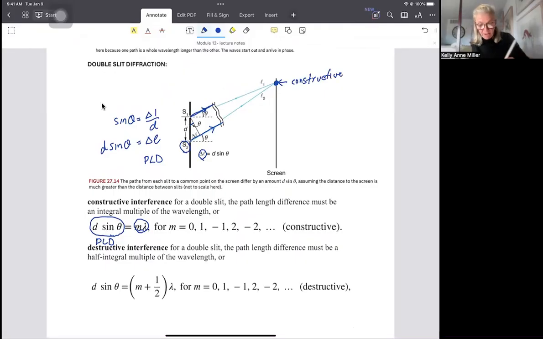That is, if d sine theta equals some integer value of lambda, that's the condition for constructive interference. If at some other point d sine theta is a half-integer multiple of lambda, then it will be destructive.